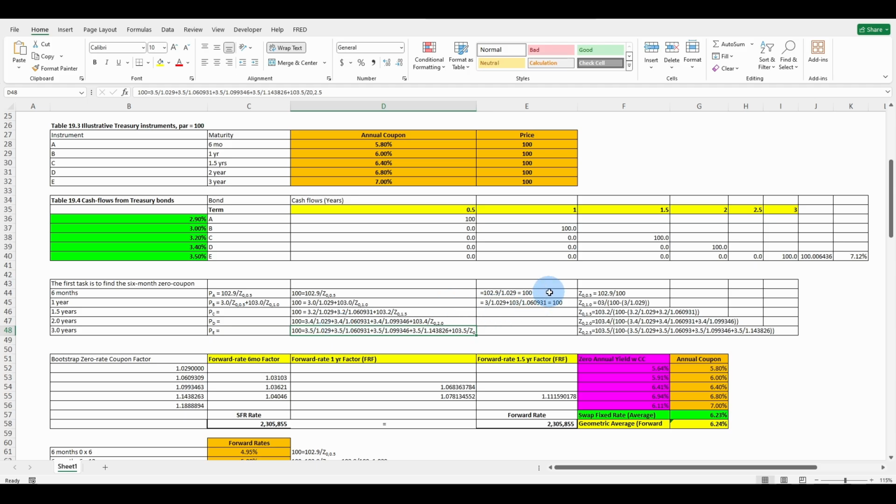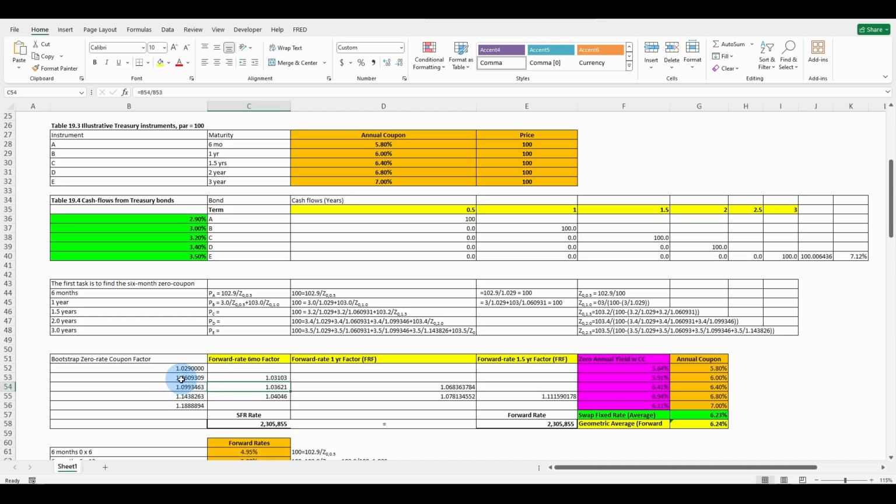We have this layout, this format, and now the bootstrap zero rate coupon factor, 1.029 divided by 100. Forward rate, this is our start rate. The forward rate is going to be B53 divided by B52. That's our forward rate. Then we're going to continue doing this.